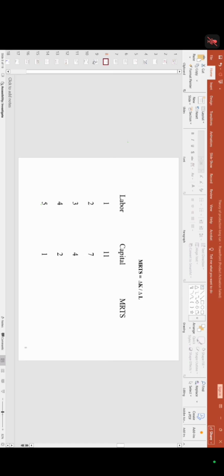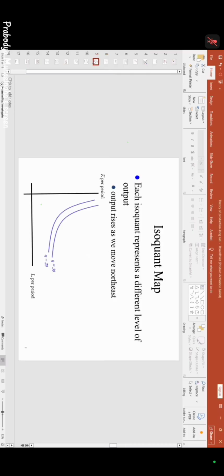As I mentioned when I started the lecture, each concept in this particular lesson is connected to each other. When you are doing the calculation, you also need an understanding of the characteristics of the isoquant. Okay? Yes.